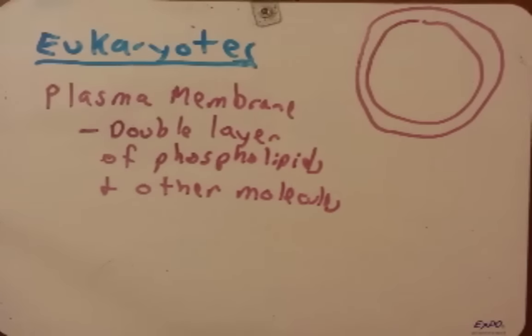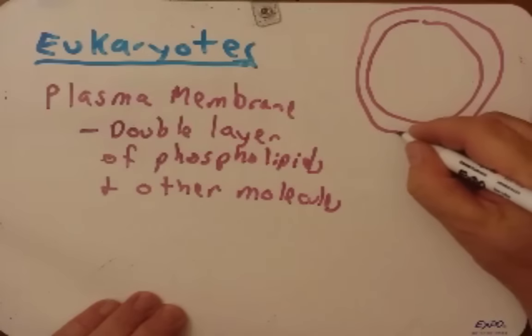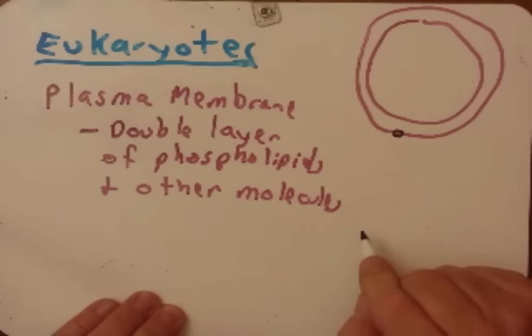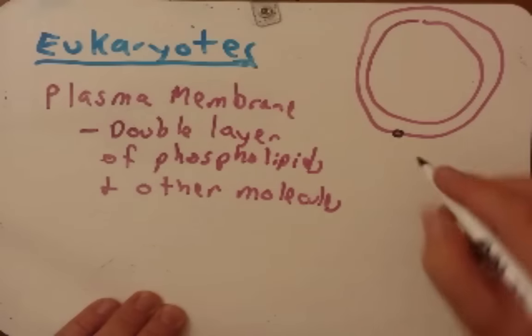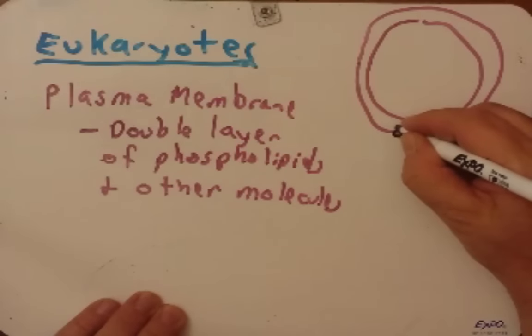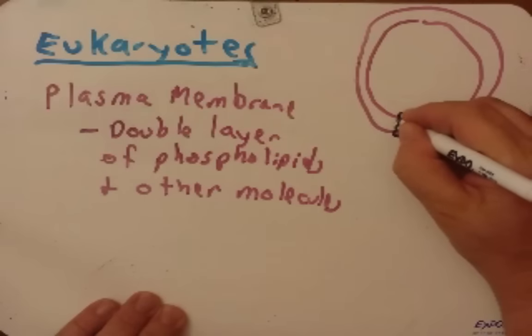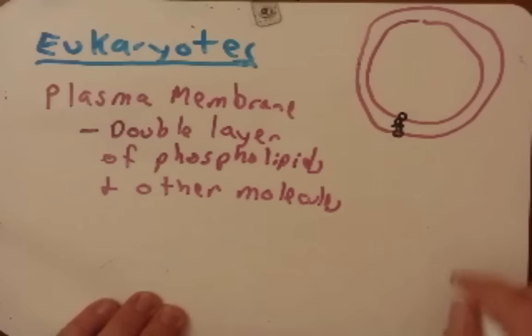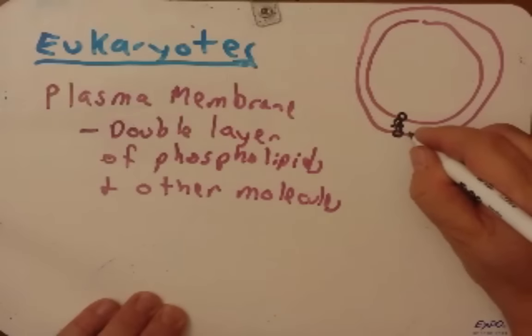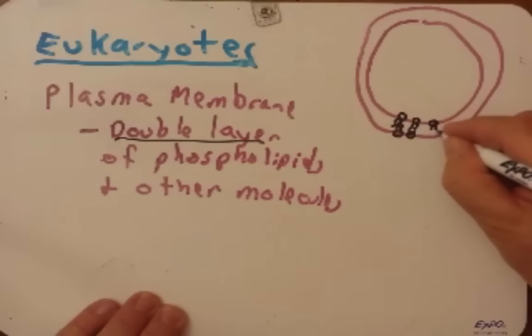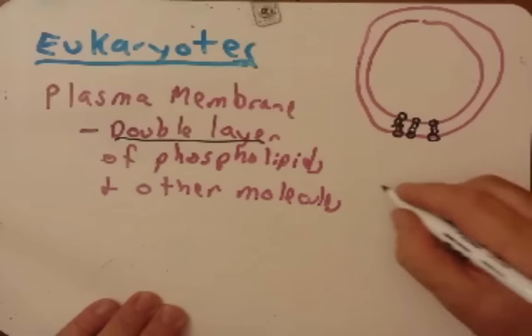Now I'm not going to draw this all the way across, I'm just going to draw it on part of this. But remember, the phospholipids, we have this polar phosphate group, or hydrophilic phosphate group. And then we have these hydrophobic fatty acid tails. And we're going to have this on both sides of the membrane. This is why we call it a double layer. We will sometimes call this a bilayer.